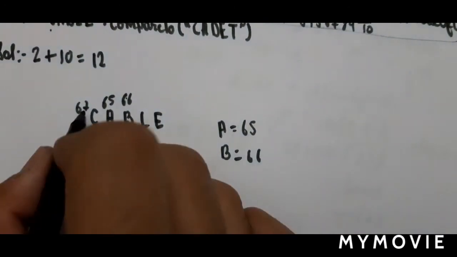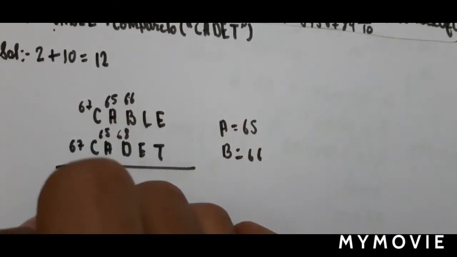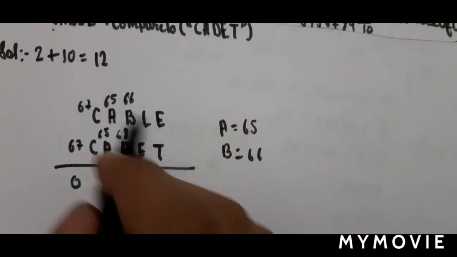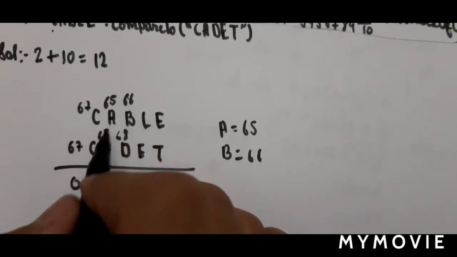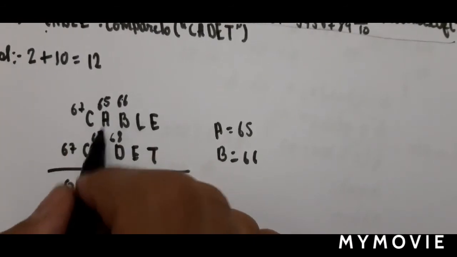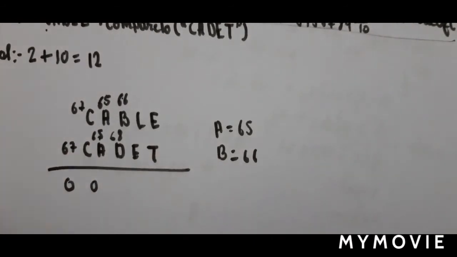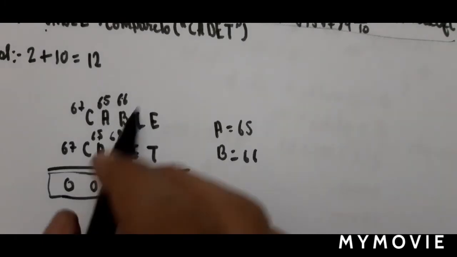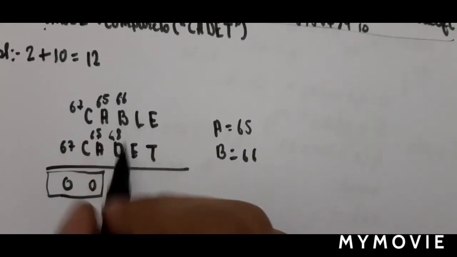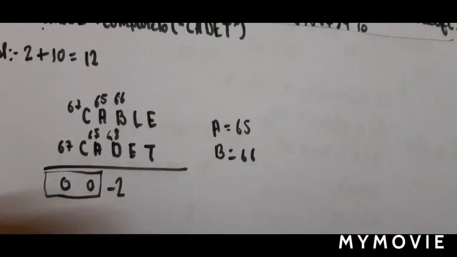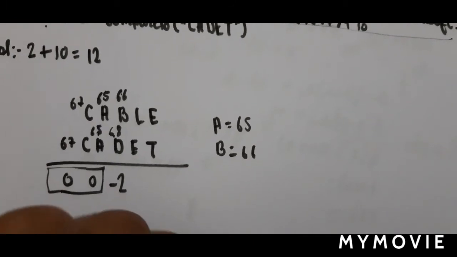So C here 67 minus 67 is 0, so it will not take 0. Again it checks this, 65 minus 65 is 0, so again it will not take 0. Then 67 minus 68 is minus 2, so our answer will be minus 2.